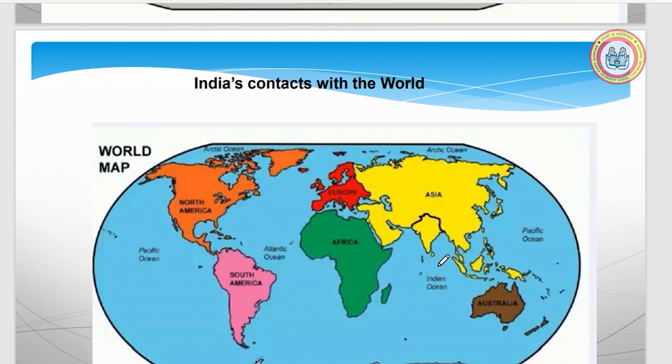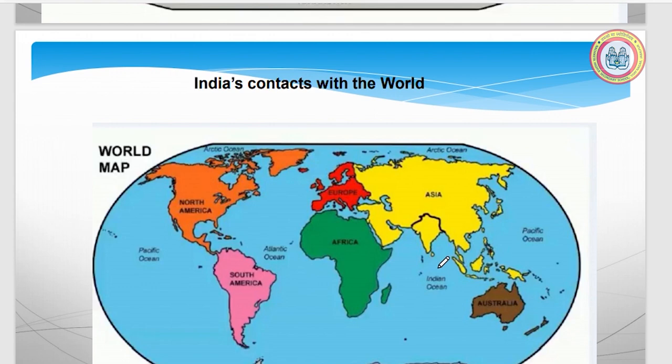Maritime means waterway contacts. The various passes across the mountains in the north provided passages to ancient travelers. These routes contributed to the exchange of ideas and commodities between the countries.